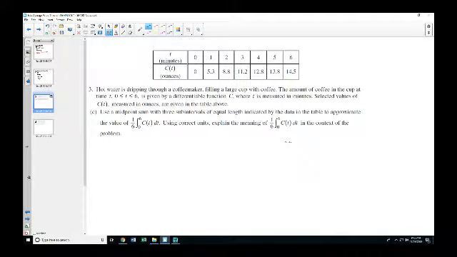Yeah, because there's 3 boxes. You don't divide by 6.